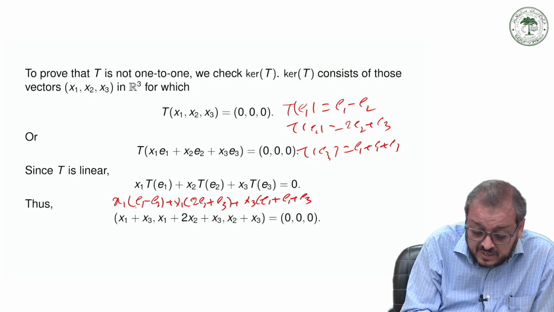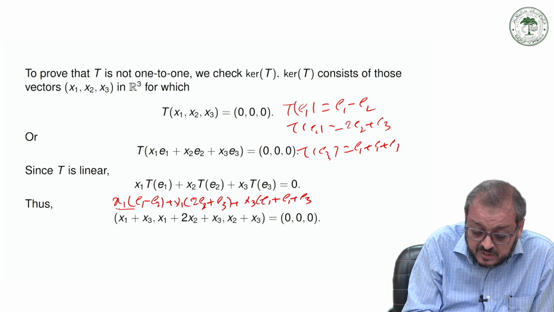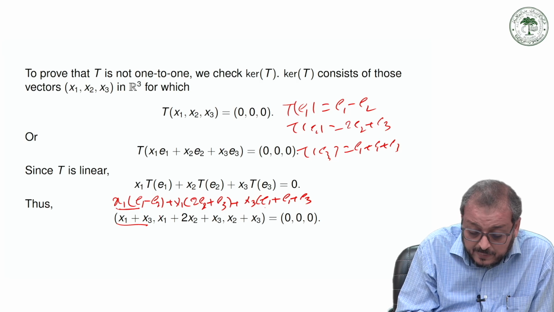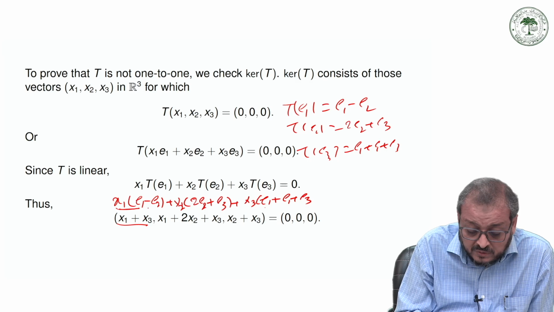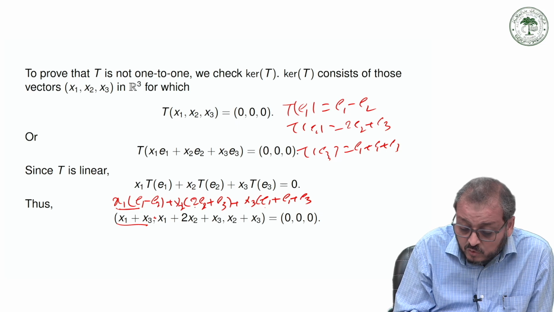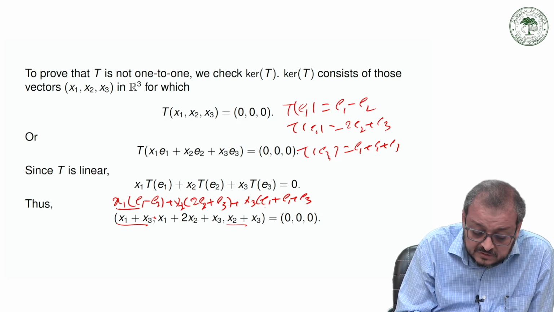Now we write this out by collecting terms: the coefficient of E1 is x1 plus x3, the coefficient of E2 is minus x1 plus twice x2 plus x3, and the coefficient of E3 is x2 plus x3.